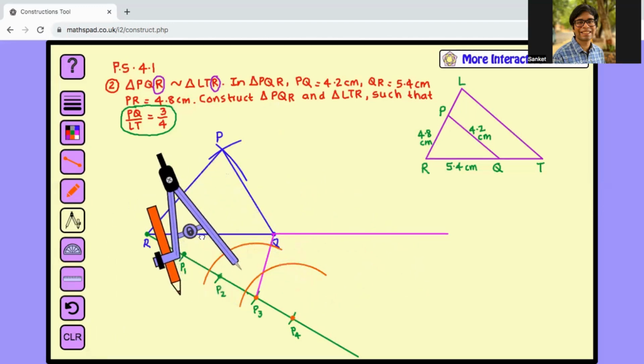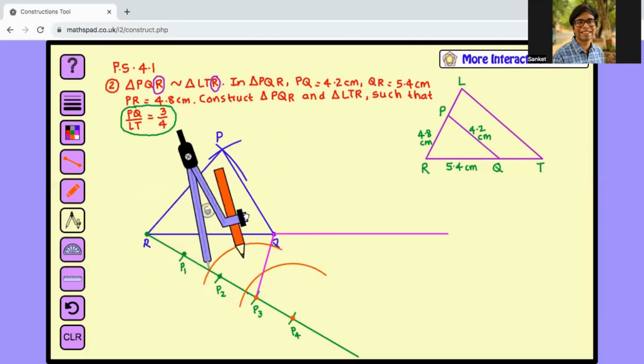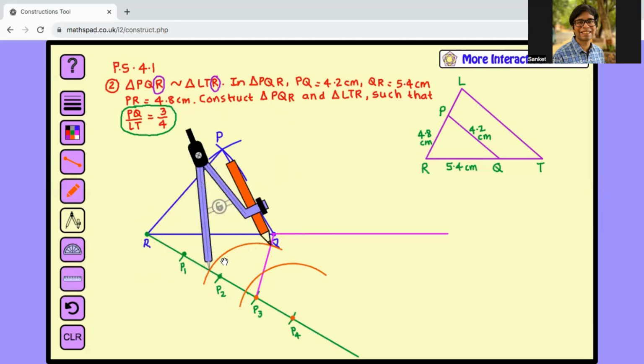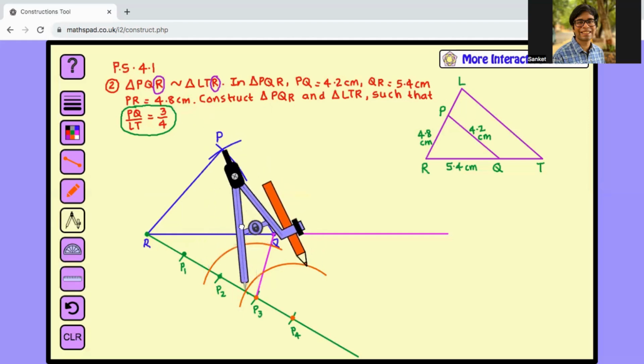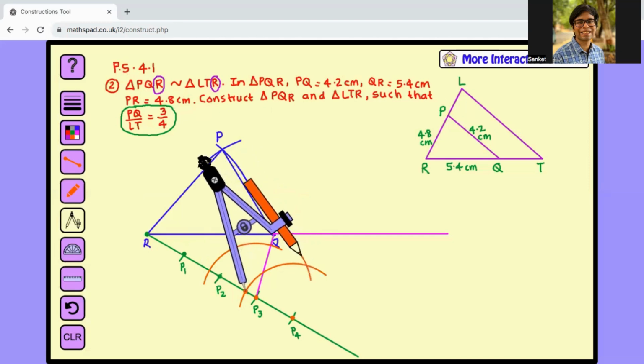I'm going to move my compass to this point and measure distance from here till here, from here to here. I'm going to put my compass now at this point with the same distance, make an arc.